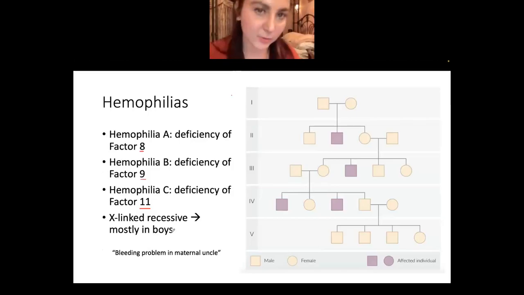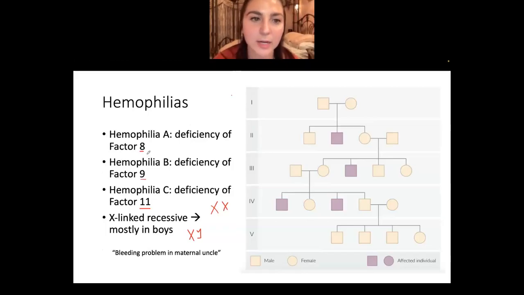With X-linked recessive, we did autosomal dominant and autosomal recessive last week. We didn't do X-linked recessive. But remember, with X-linked recessive, it's usually only in boys. The reason is because boys only have one X chromosome and then they have a Y chromosome. Girls have 2 X chromosomes.